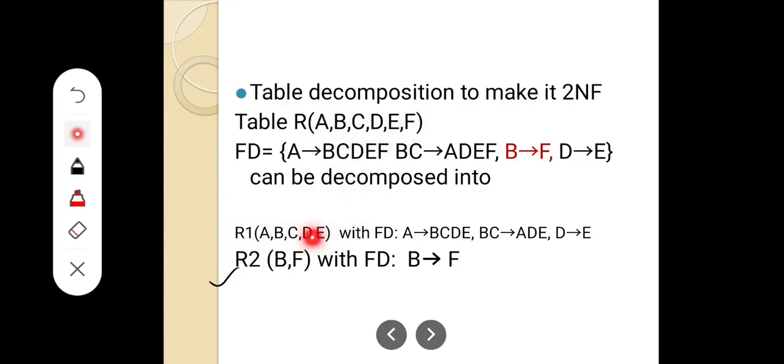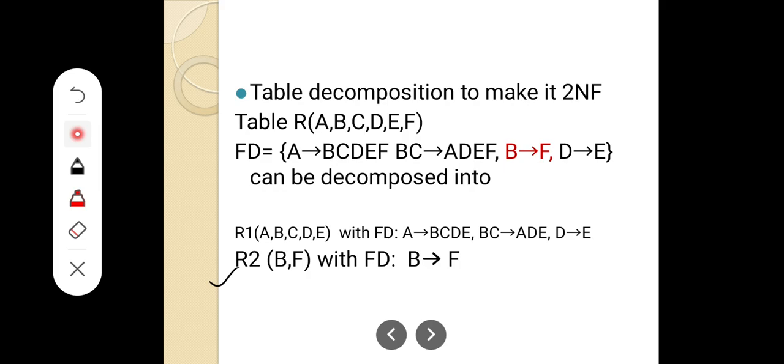This first table will have only A, B, C, D, E, with the functional dependencies A determines B, C, D, E; B, C determines A, D, E; and D determines E. F can be removed, because F has been completely moved to the other table. If we were writing F here, we would have to include F in the attributes too.